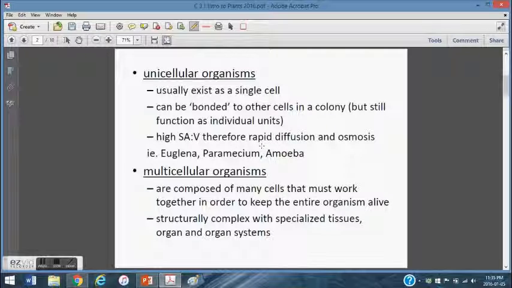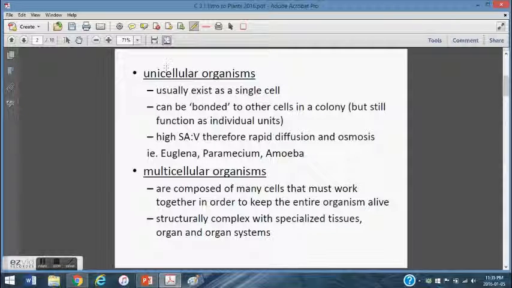Examples of these could be things like euglena, paramecium, amoeba. All of these are different types of single-celled organisms. Bacteria fit this bill as well. Certain types of parasites, not all parasites, but certain types as well. Okay? Now that would be unicellular organisms.